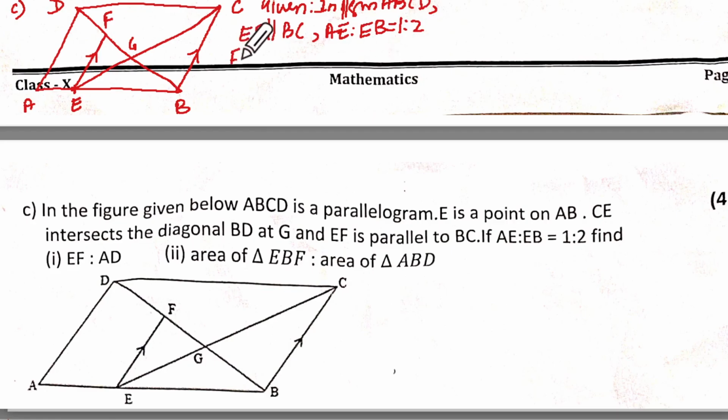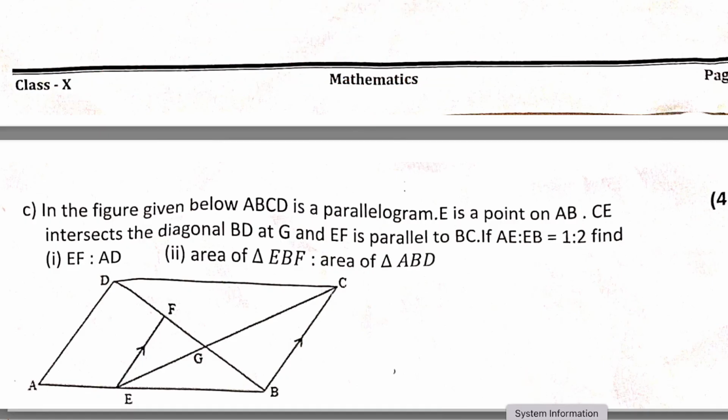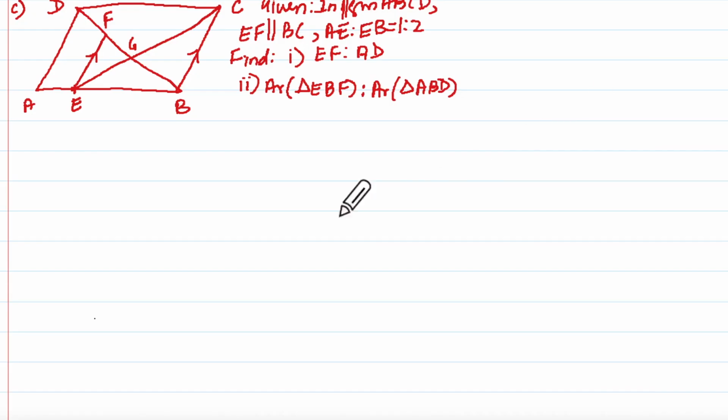They are saying find: number 1, EF is to AD, and the second point, area of triangle EBF is to area of triangle ABD. Okay, this is to be found out. Have I missed anything? No, no. Just double check what I've written.